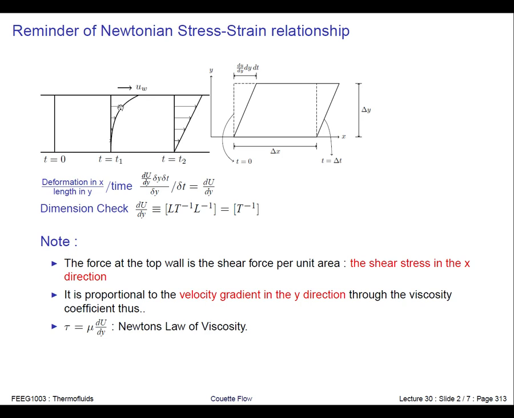And we know a little bit about this in the sense that momentum diffuses away from this down to here, and when we get to the final case, the steady state case, when there is no more change, we end up with a linear velocity profile like this. Okay, so we are going to look into two things in this lecture. One is the rate at which momentum diffuses into the fluid from a wall, and why we get this linear velocity profile.